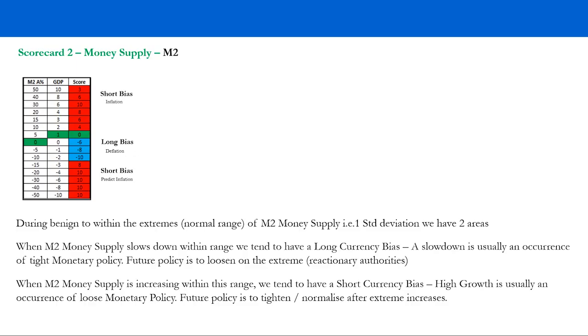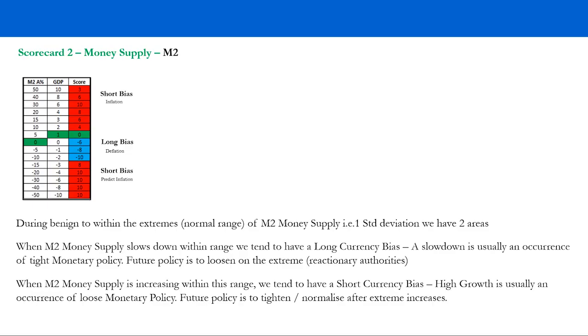And overall, we just have to remember in context that the central bank, the Fed, is reacting to indicators that they see in the economy as potential deflationary threats. If they go too far in decreasing money supply, they're probably not going to be here for very long. So we need to look to position ourselves with a short bias to the currency because it's more than likely that they're going to jump into the positive territory very quickly. And that's what we come on to next.